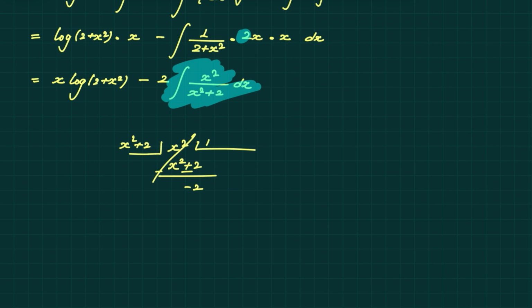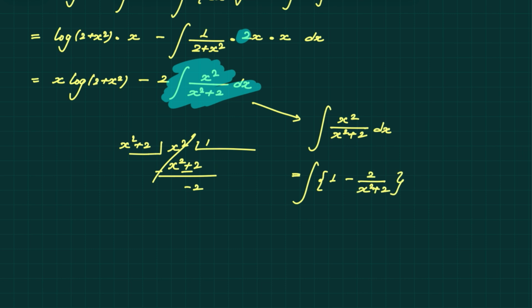That means this particular integral is integration of x square by x square plus 2 dx, and since I have divided the function, I can write this as 1 minus 2 over x square plus 2, into dx. Distributing the integral, we will have integration of 1 dx minus 2 is constant and integration of dx over x square plus 2.